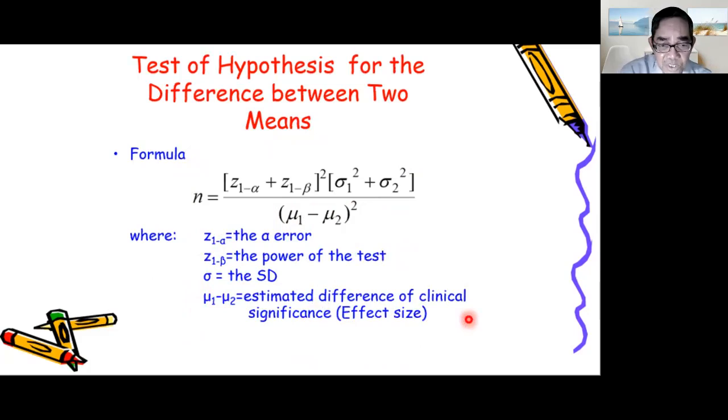So the difference should be of clinical significance, because if the difference is much too small, it may not be clinically significant, and the sample size will be very, very large. But the difference should also be just enough, not very, very large, because if the effect size is much too large, again, the sample size that you calculate will be small.